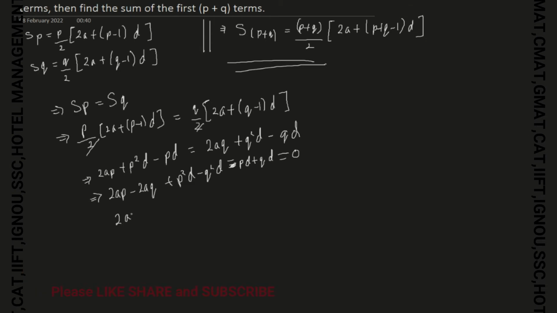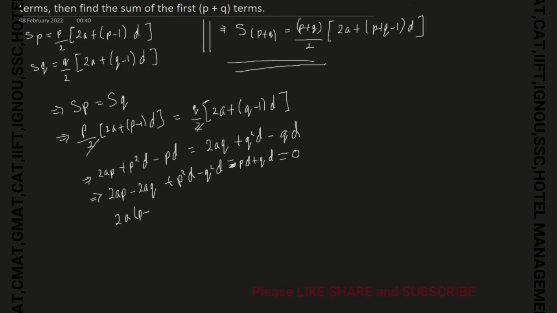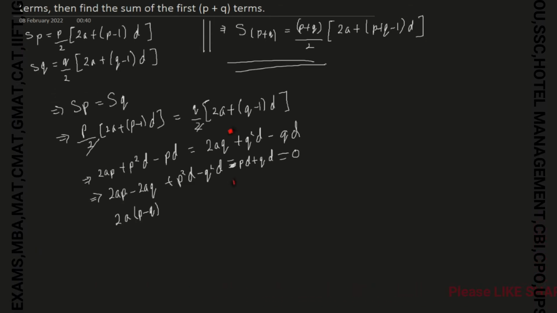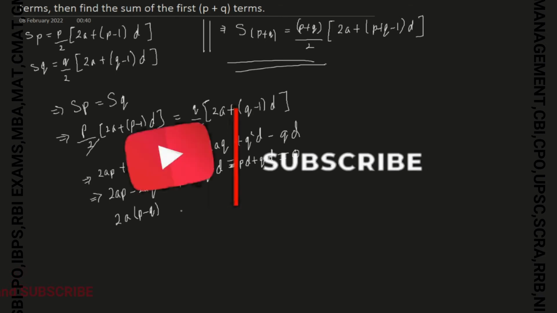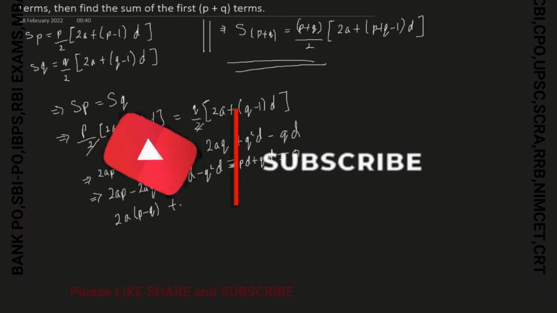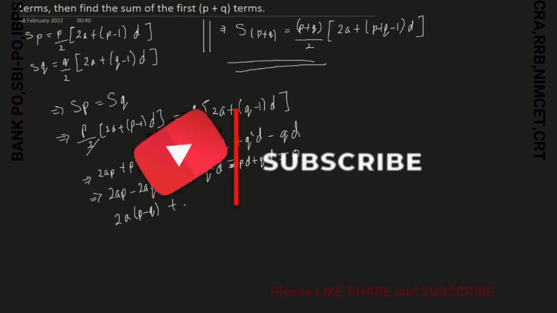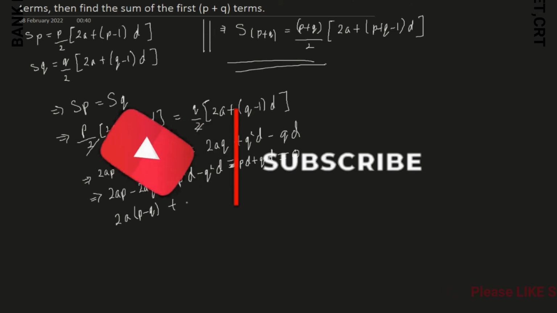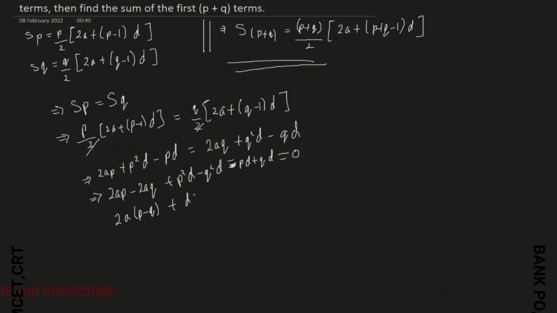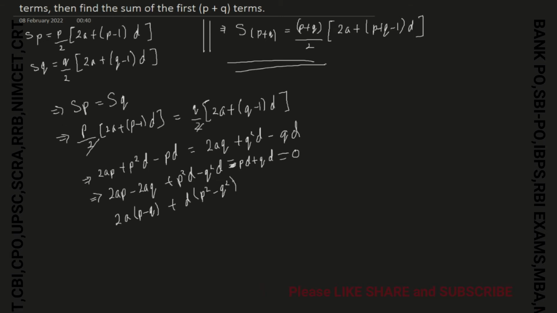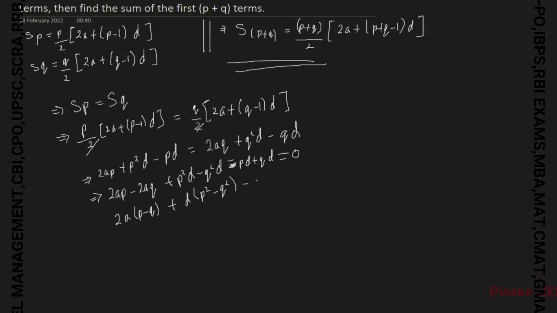So we'll take 2A as common, because what I am seeing now is that P and Q are common from all. So let's give D common. So here will be P square minus Q square, and here minus D common.